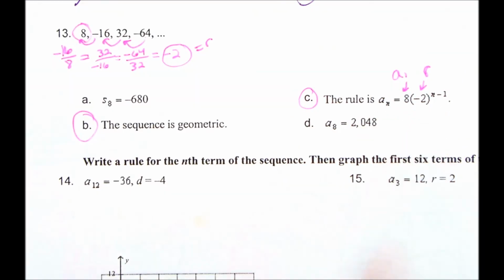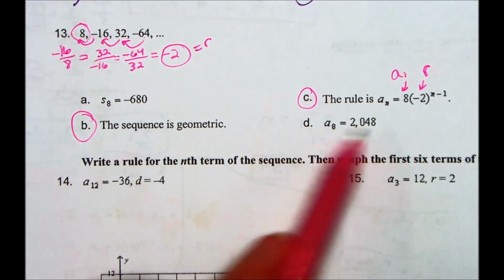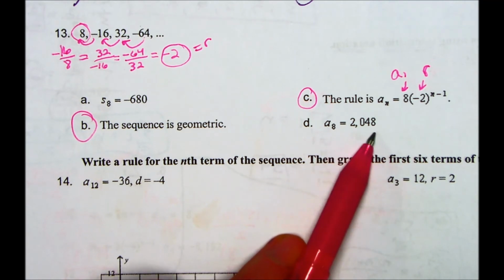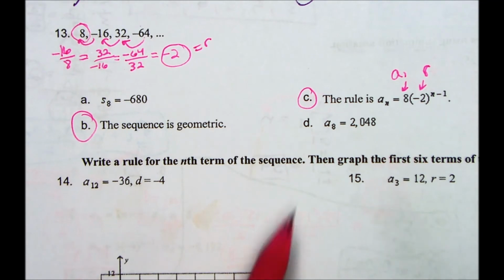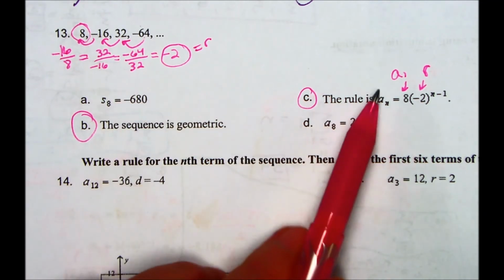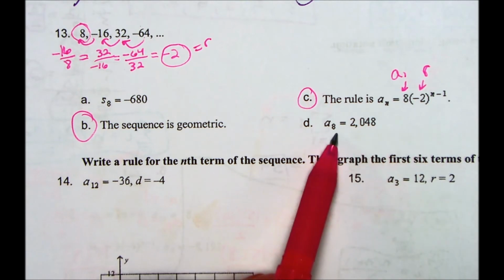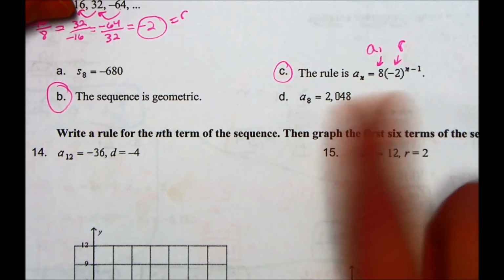Well, let's see, are these other ones true? They're saying the 8th term in the sequence is 2048. So how can we figure that out? Well, the way to figure that out is by taking our rule, which is already right here, and substituting 8 in for n. So let's try it.